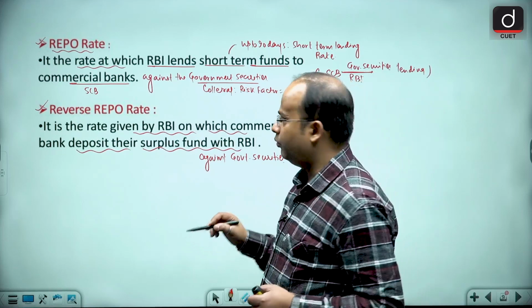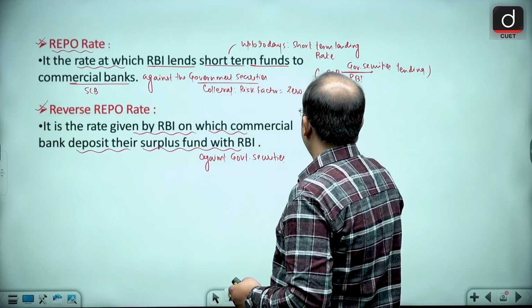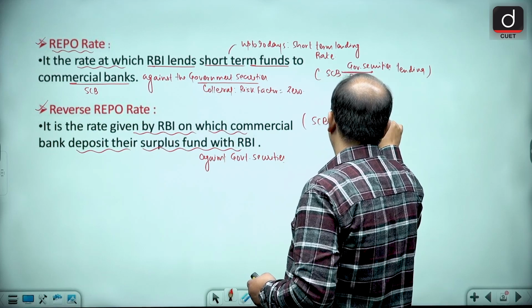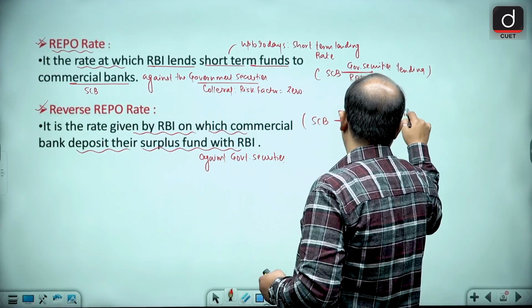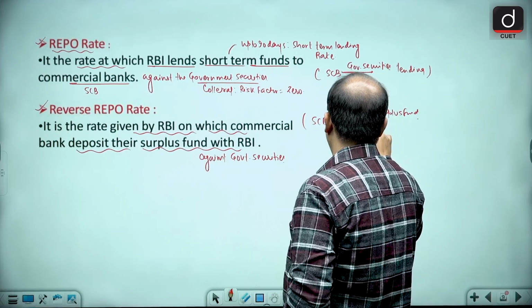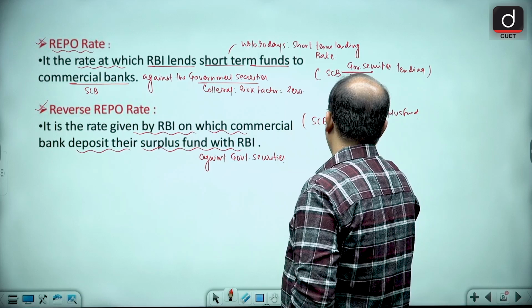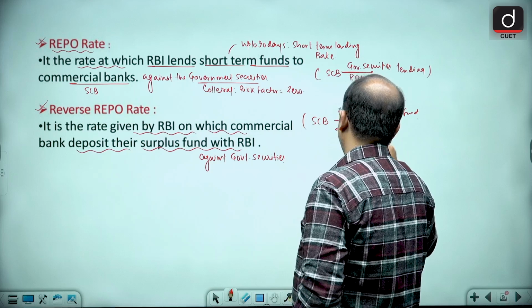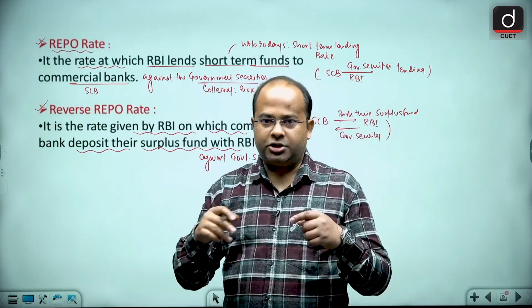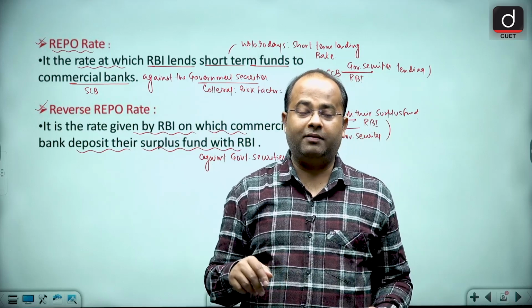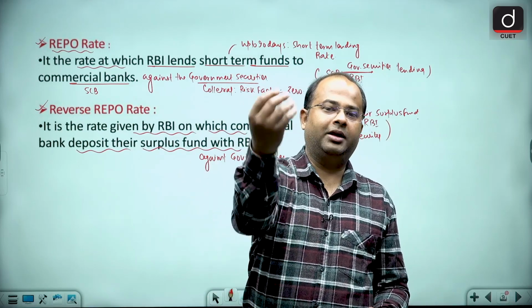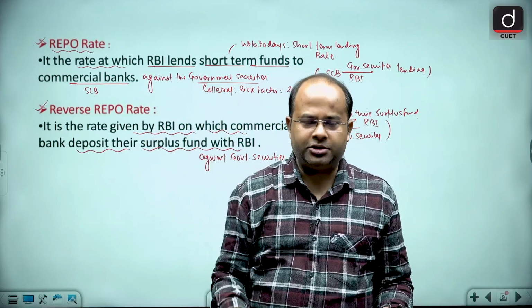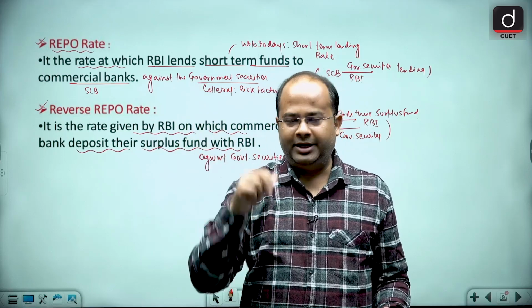Now in reverse repo rate, when the scheduled commercial bank parks its surplus fund, RBI gives them government security. So when the scheduled commercial banks are parking their surplus fund with RBI, RBI gives government security to them, which can be used further by the scheduled commercial bank for taking a loan or for any other purpose.